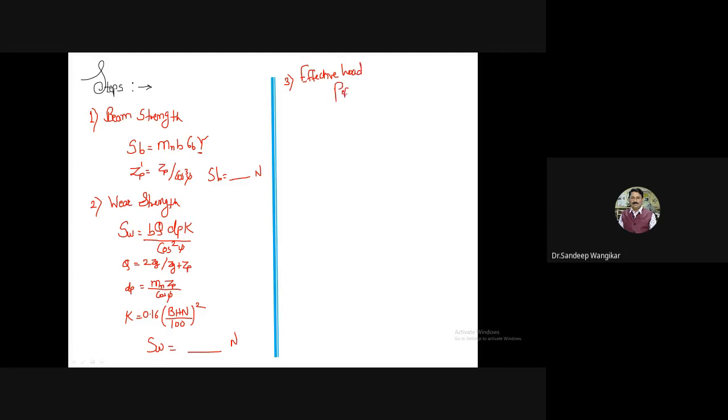Just for your information, I will write down P effective is equal to CS PT divided by CV. So I will first calculate V: pi dp NP divided by 60 into 10 raised to 3. Then I will calculate CV.